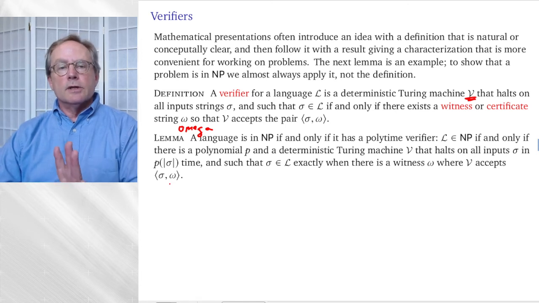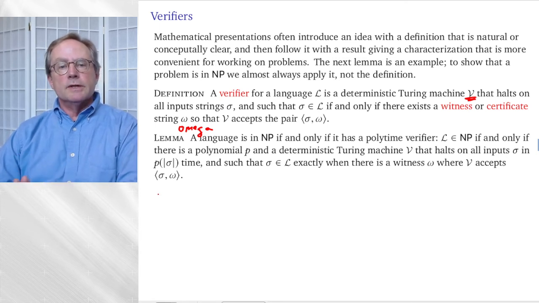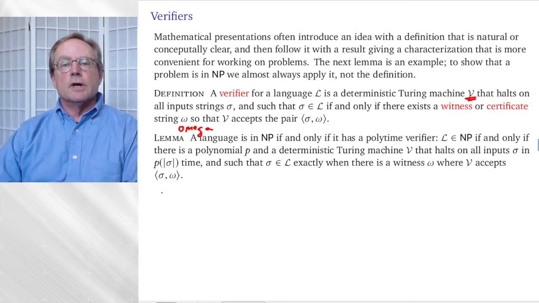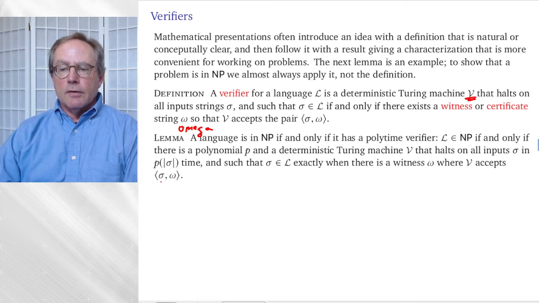And that lemma takes a little working through. It's been my experience that this lemma gives folks a lot of trouble, so we're going to give a number of examples and also have some careful discussion about it. A language is in NP if and only if it has a polynomial time verifier. And the verifier, you remember, gets two inputs. The first is the string that you're trying to decide is it in the language or not.